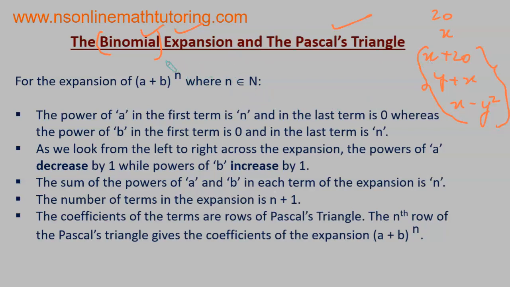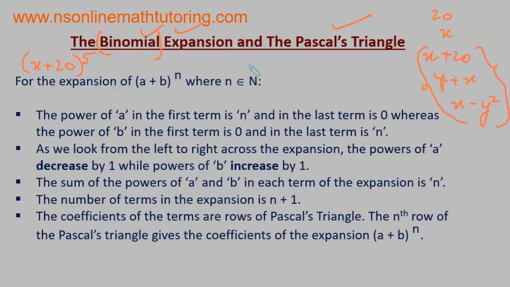So these are all binomial expressions. What do we mean by expansion? The expansion comes when the binomial expression is having some power, say x plus 20 raised to the power of 5.